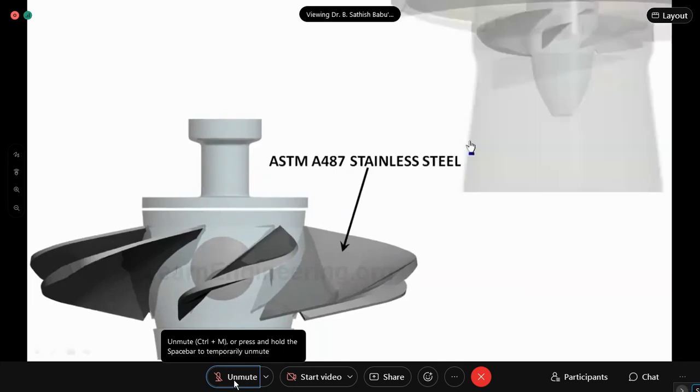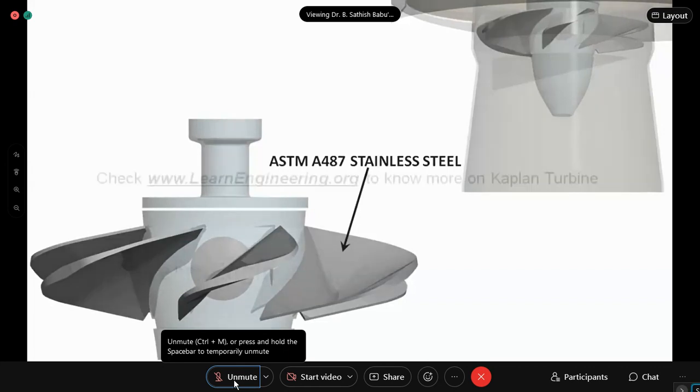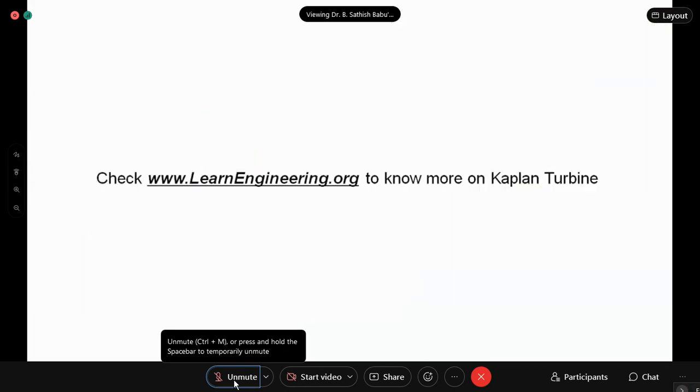The draft tube, which transforms dynamic pressure to static pressure due to its increasing area, also helps in reducing the cavitation effect. Thank you. Hope you got a good understanding of Kaplan turbines.